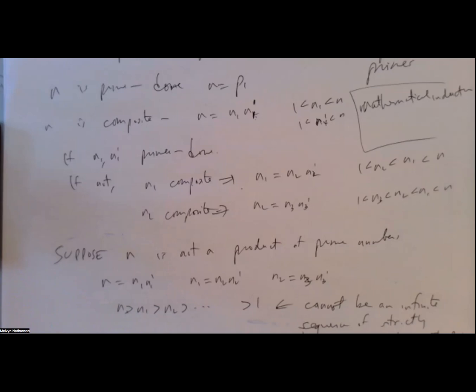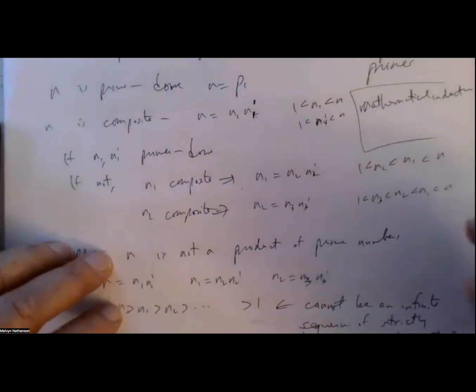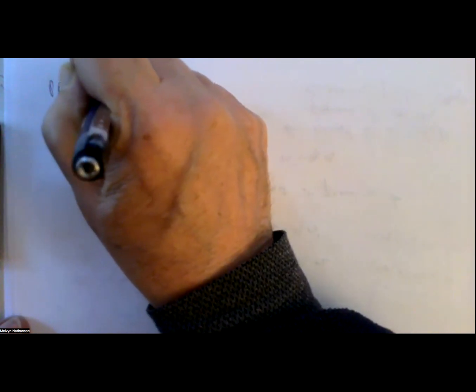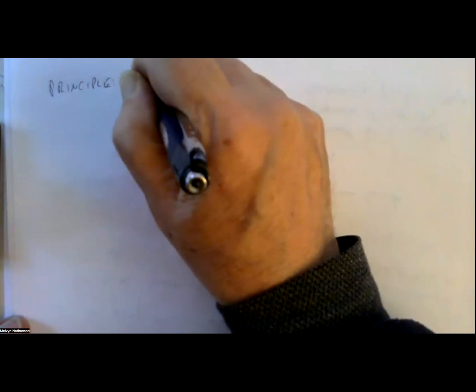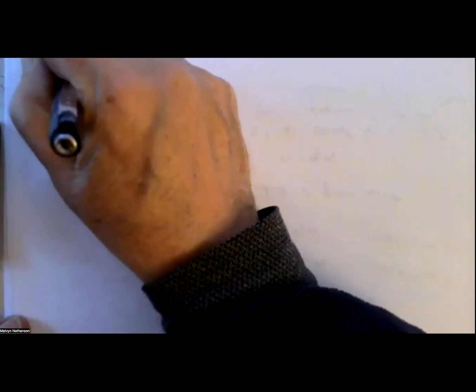So every non-empty set of positive integers contains the smallest element. This is a simple principle called the minimum principle.